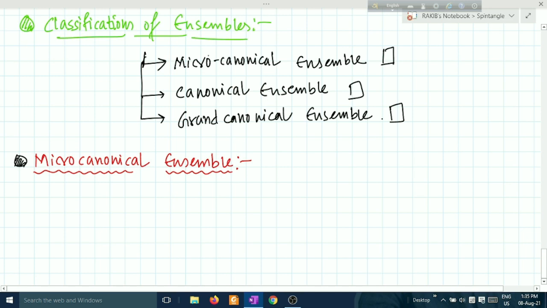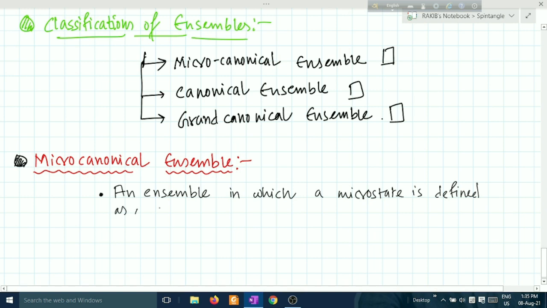This is an ensemble in which a microstate is defined as NVE. Okay, a microstate is defined as NVE.